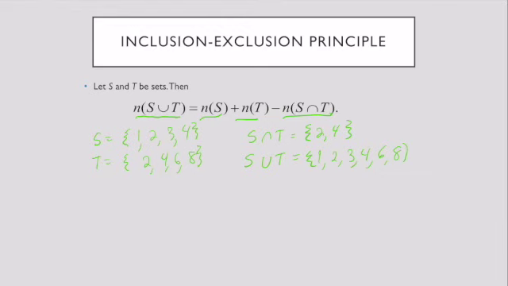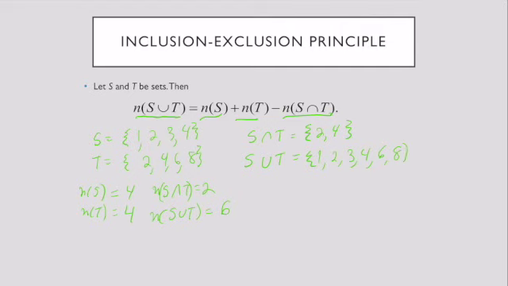So let's see. I know that the size of S is 4. The size of T is 4. The size of S intersect T is 2. And the size of S union T is 6.